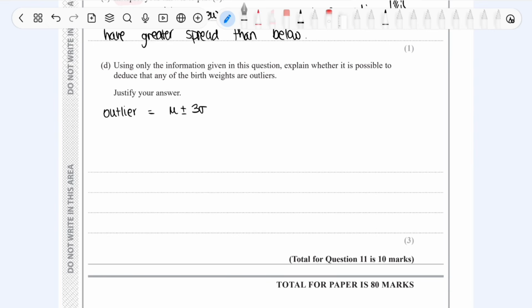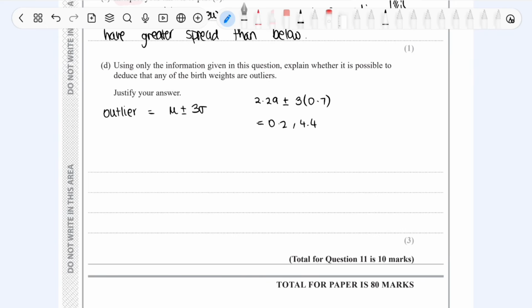Now, if we look at this, we need to do the mean, which is 2.29 as given per the question, and then we need to plus and minus the standard deviation, which we find to be 3 lots of 0.7. Put this into your calculator and you'll get two values. You'll get 0.2 and 4.4, which are rounded values.